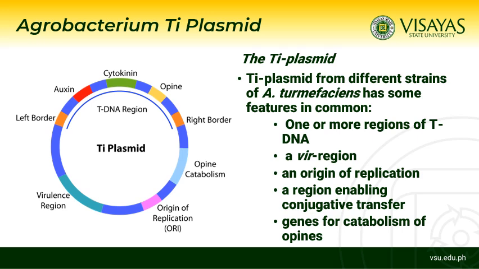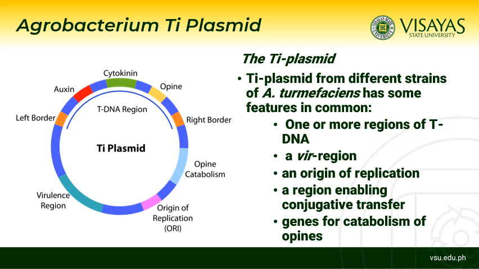This tDNA is a fragment of the Ti plasmid, the part that will be transferred from the bacterium into the host where it gets integrated into the plant cell chromosomes. For example, in our plasmid, we only need this tDNA to insert into our plant to cause a tumor.